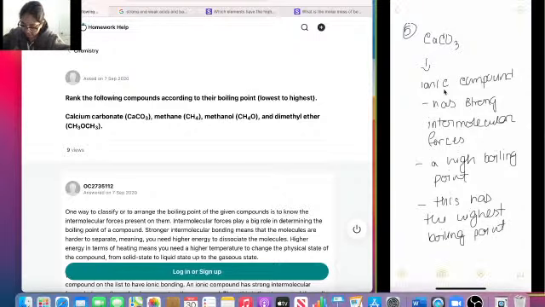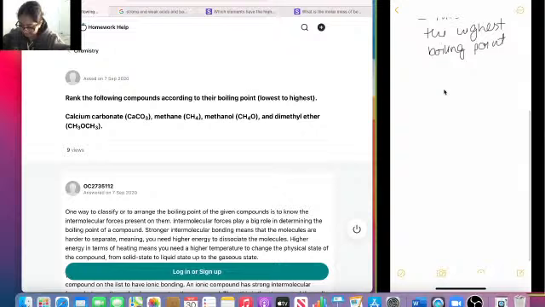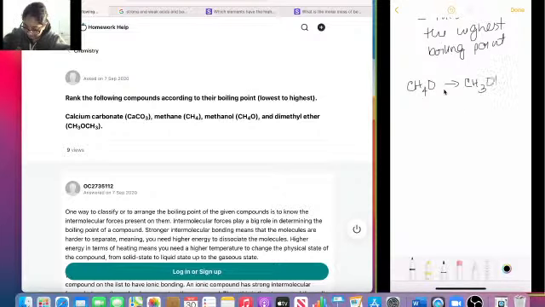Now let's compare this with methanol, CH4O. This can be written as CH3OH, which is your methanol. All your alcohols have OH. This form shows that there's hydrogen bonding at the end of the molecular framework.